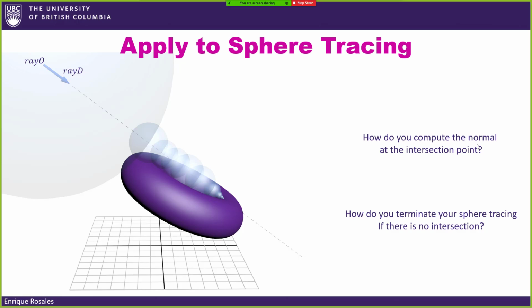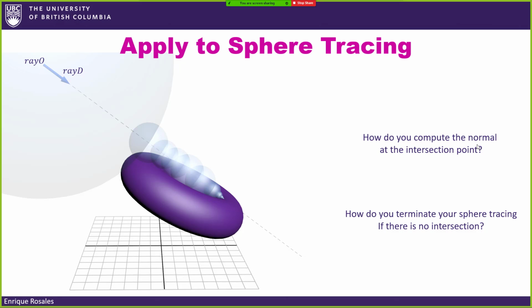Oh, and someone is asking, which set of shapes can be considered the SDF here? The spheres or the torus or both? Okay, good question. None. So here I'm using a sphere tracing or ray marching strategy, but I'm not using signed distance functions.